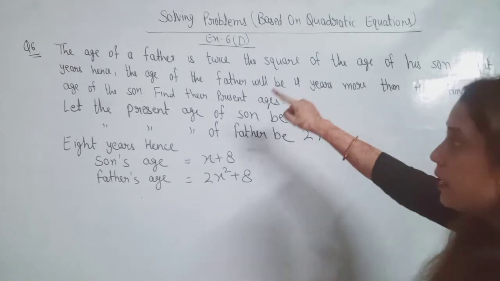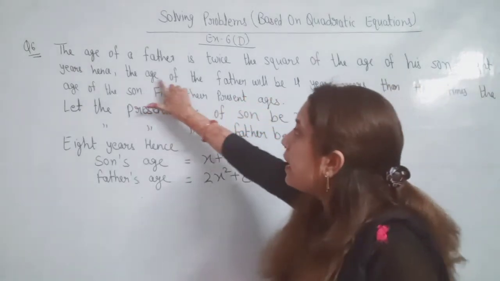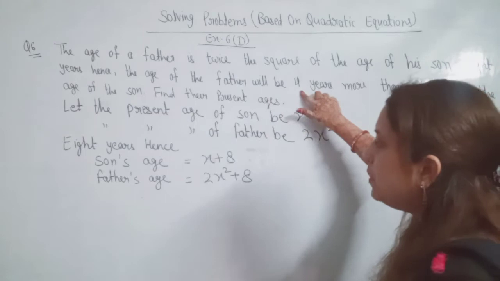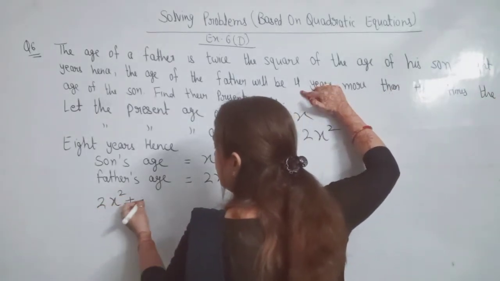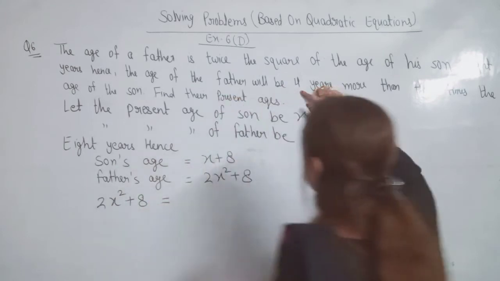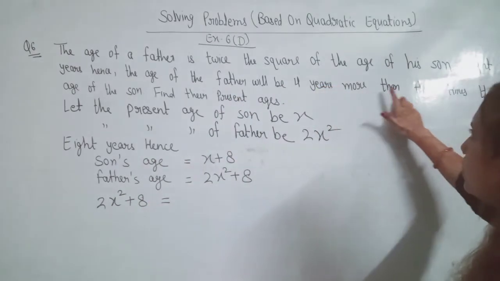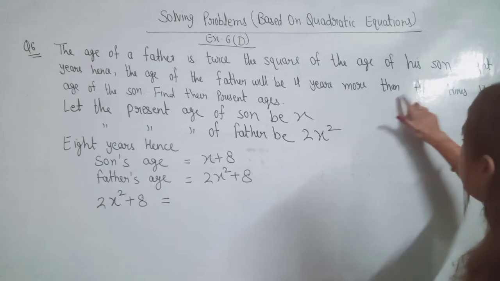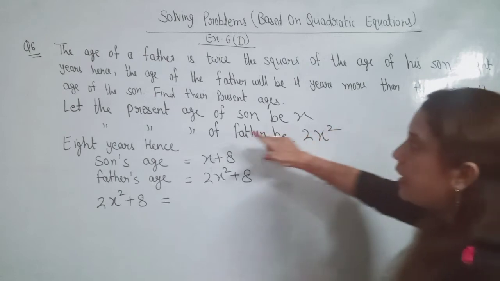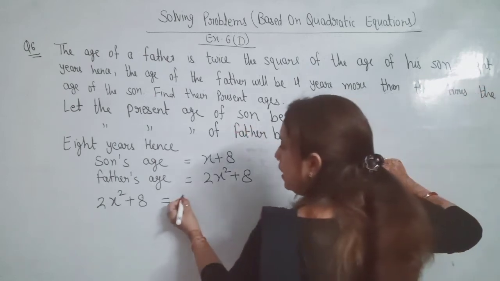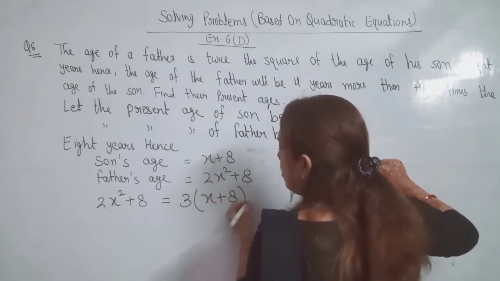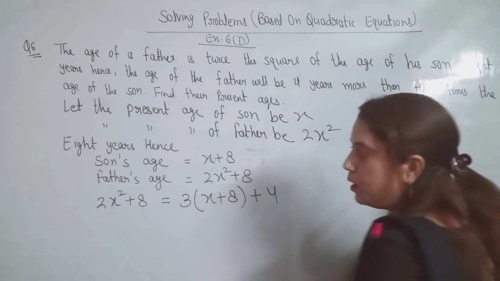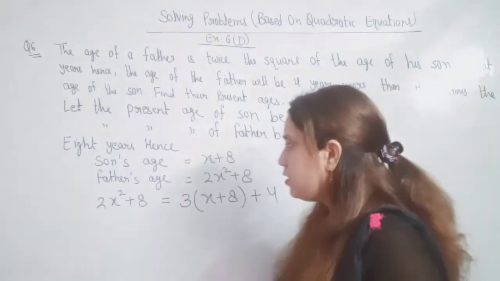Now in the question it is given the age of the father will be, it means 2x square plus 8, is equal to 4 years more than 3 times the age of son. 3 times the age of son, x plus 8, 4 years more. Okay. Now solve this equation.